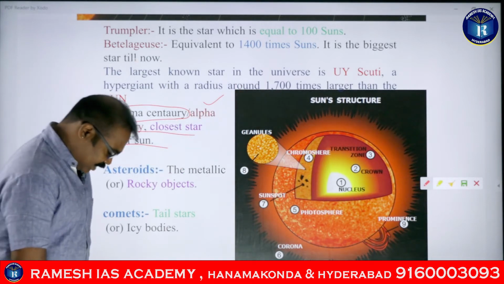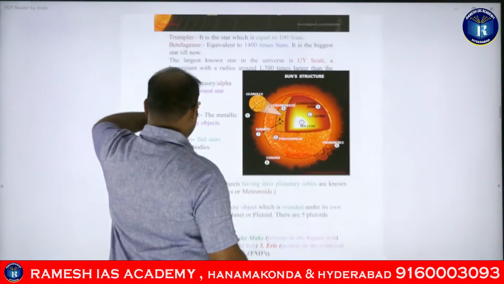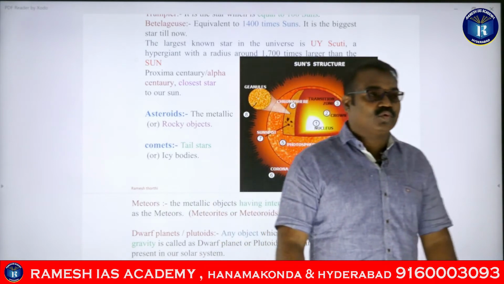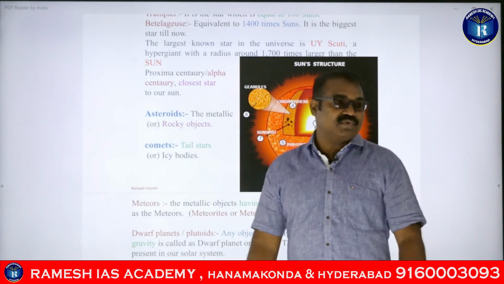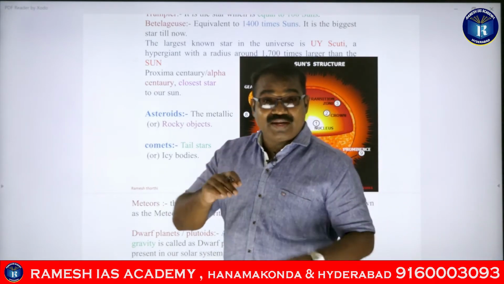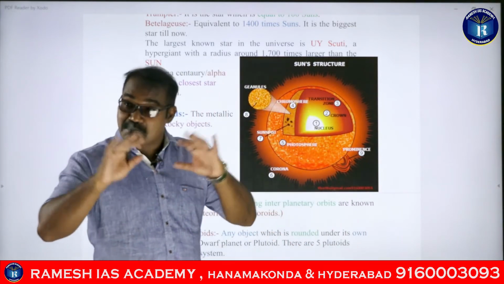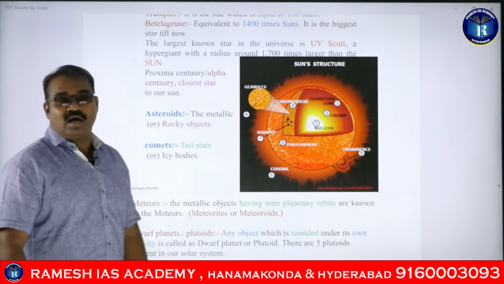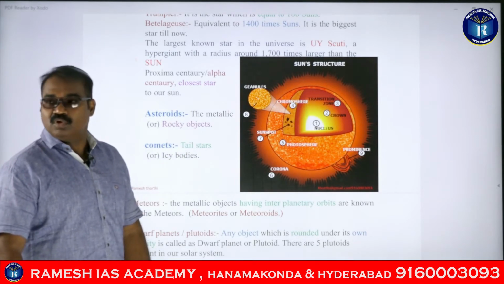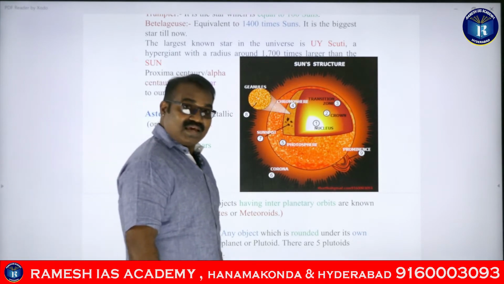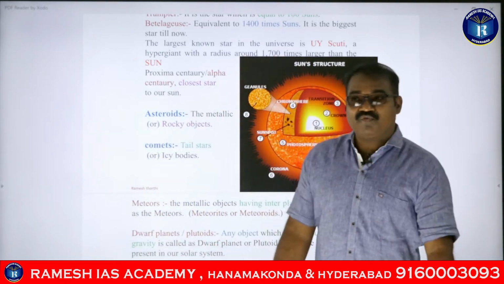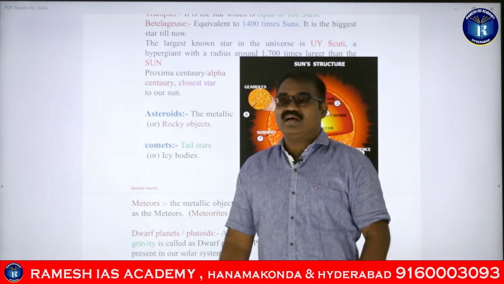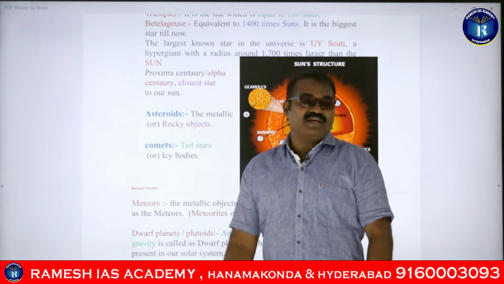The sun accounts for 99.86% of the total mass of the solar system. 99.86% of the total mass of the solar system is concentrated in the sun alone. And the sun is made up of plasma interwoven by the cosmic gravities, guys.